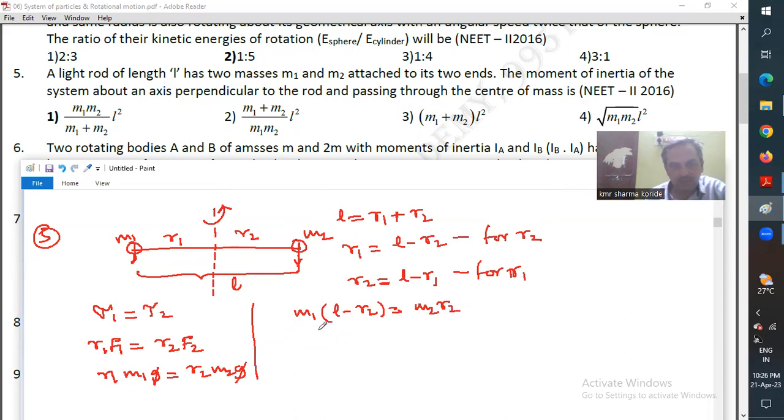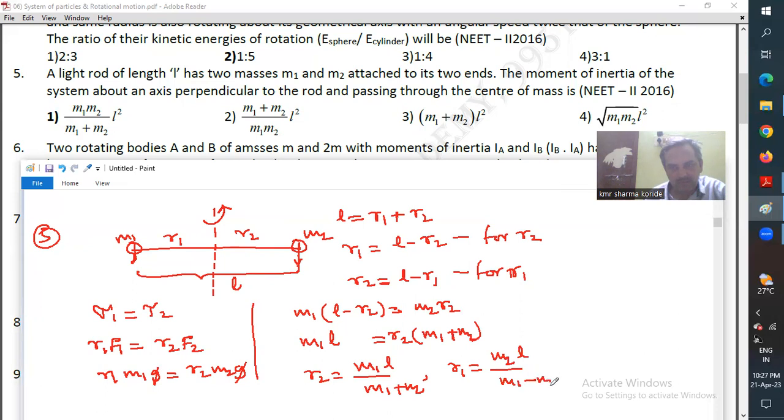So if you take M1 R2 to the right side and take out R2 common, you will get M1 plus M2. The left side you will be left with M1 L. So therefore R2 is equal to M1 L by M1 plus M2. Similarly, R1 will be equal to M2 L by M1 plus M2.